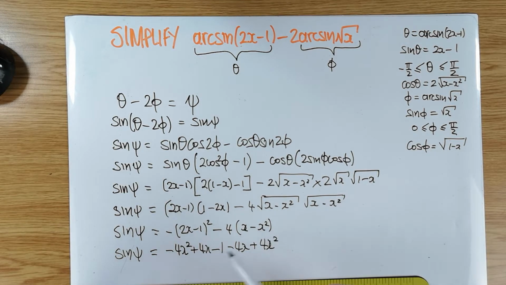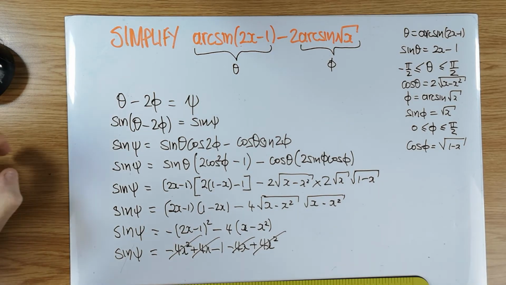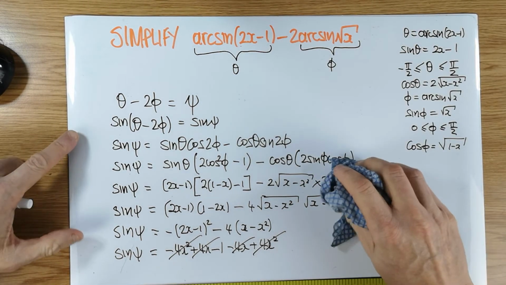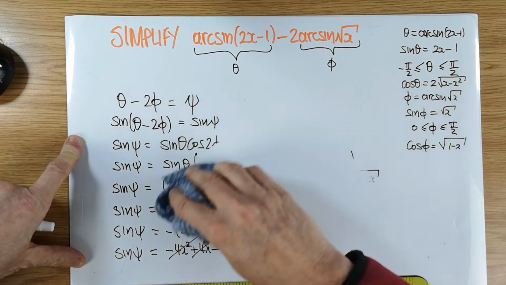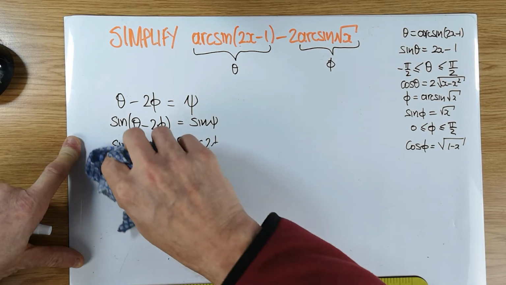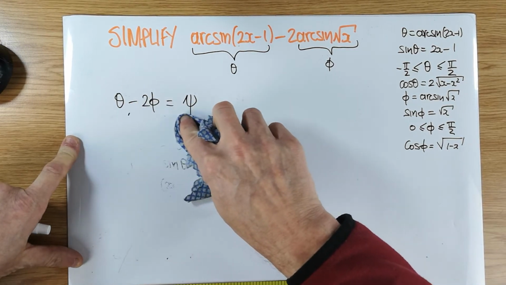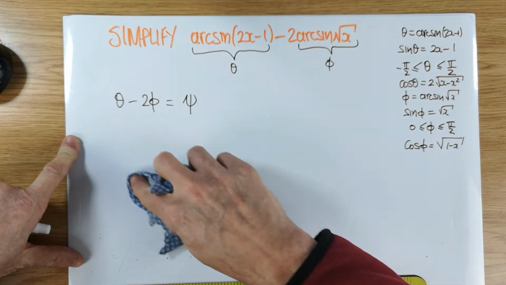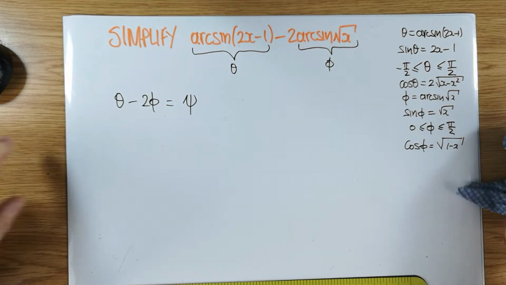So goodbye, goodbye, gone, gone. So we found that in fact the sine of psi, not the psi, because the psi is what this thing simplifies to. Let's rub off and make some room. Let's have a little think about what we just got. Try to interpret it. We got that the sine of psi is -1.